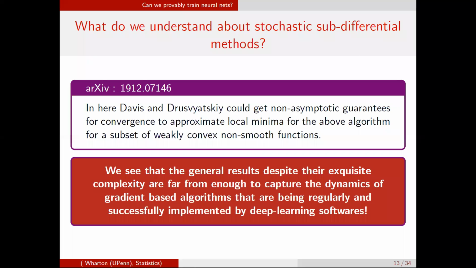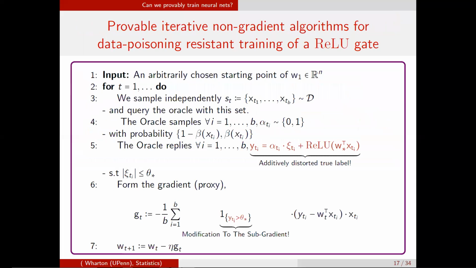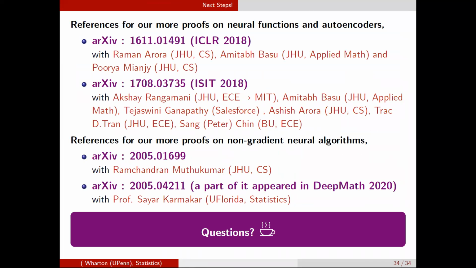I have a question. We saw in your references you have some reference to the work of Poggio. Which reference? Not in this slide. I think the one with BU. Yeah, Sang Peter Chin at BU. Yeah, and Akshay. I think Akshay is a postdoc with Poggio now.